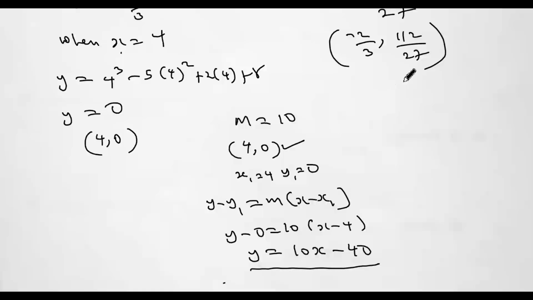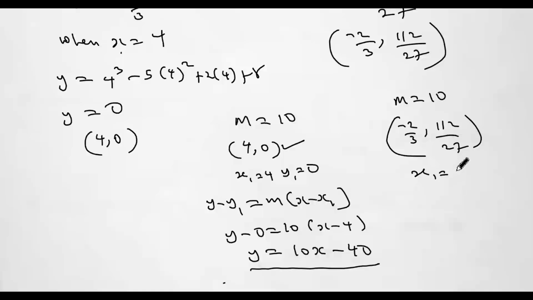Okay, so for the second one, we still have m equal to 10. So we have the coordinates of that point to be (minus 2 over 3, 112 over 27). So this is the point. So it means that x1 for this one will be equal to minus 2 over 3. Then y1 for this one will be equal to 112 over 27.